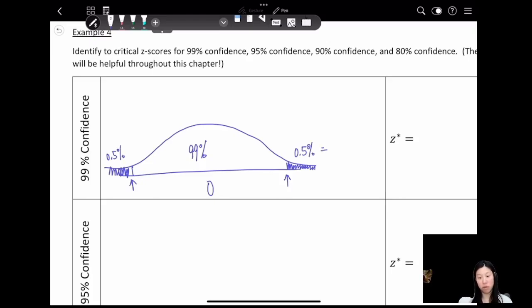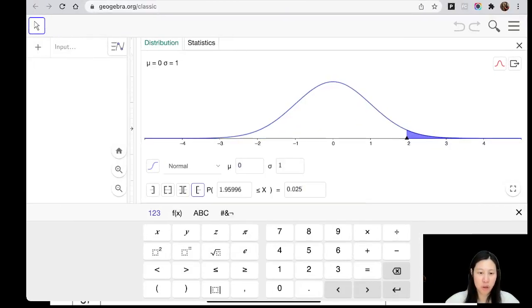Or you convert it into a decimal. This is 0.005. Okay, now let's use GeoGebra. So we have mu equals 0 and standard deviation equals 1. And then we want this to be 0.005. So the upper bound is going to be what? 2.5758. And now let's find the lower bound. Since it's symmetric, the lower bound should be the same, but negative.